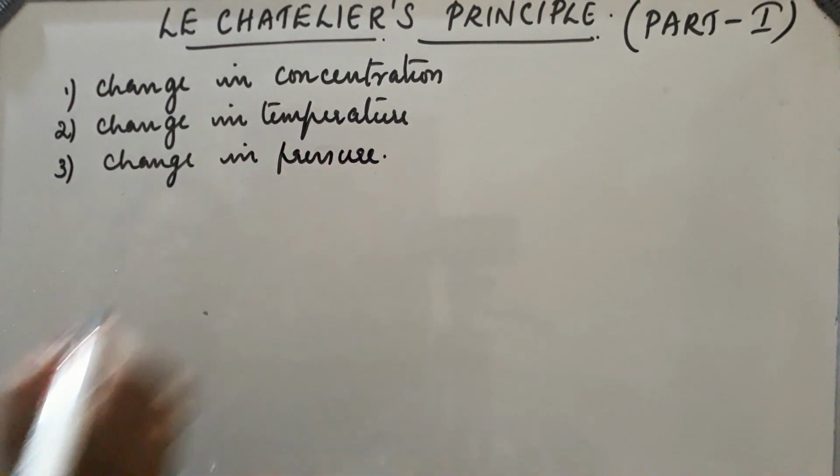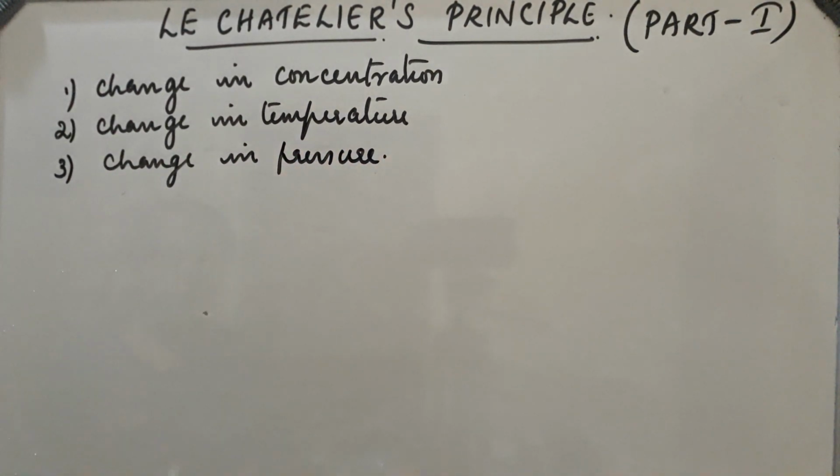Also the presence of a catalyst affects the equilibrium state. Due to this, the reaction will take place in some direction to reduce this effect and to reach the equilibrium.